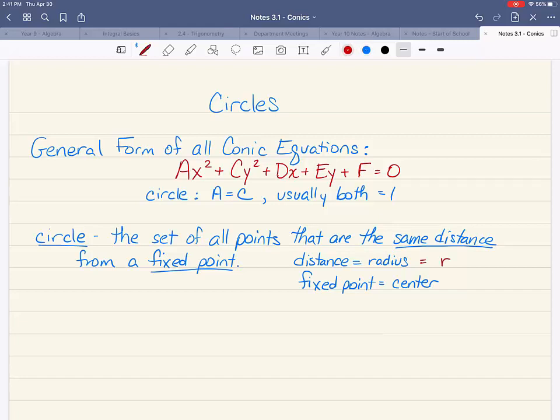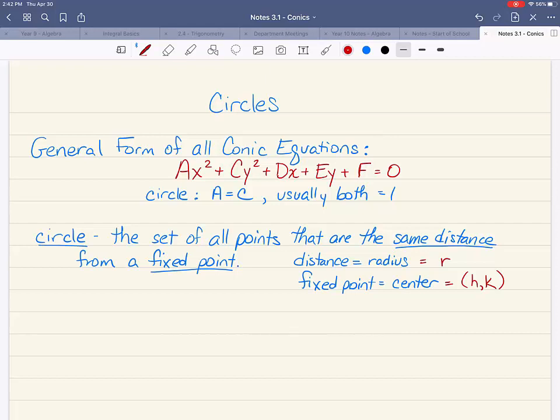The radius is always R. Now, the center we're going to use as H and K, lowercase for both. That is the standard, from the knowledge that I have, the way we learned it in the US, for using those for the center point. H is the X coordinate of the center, K is the Y coordinate of the center.